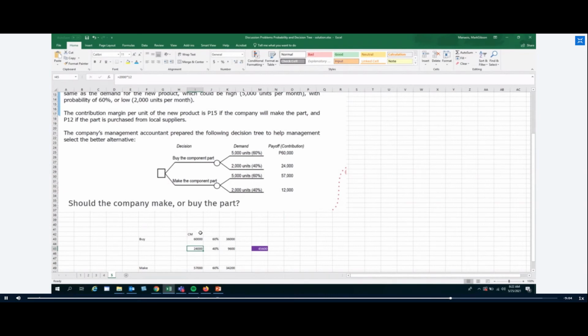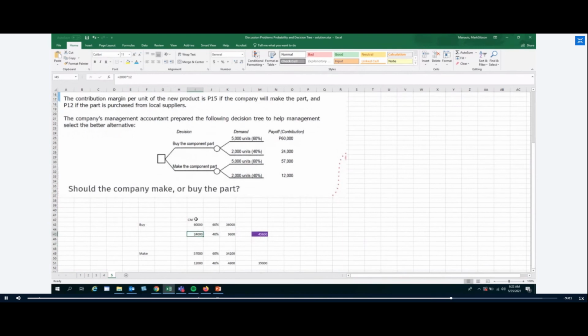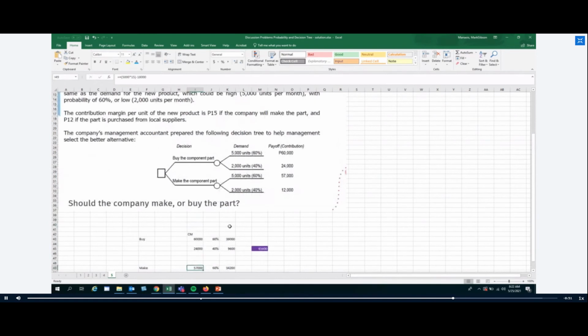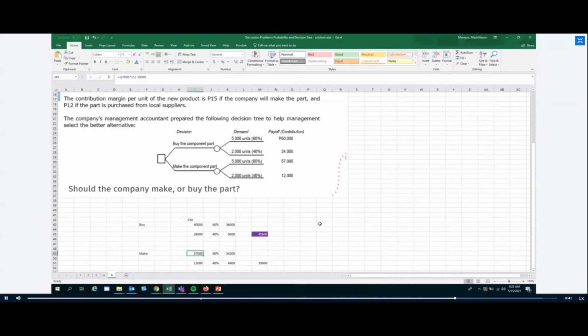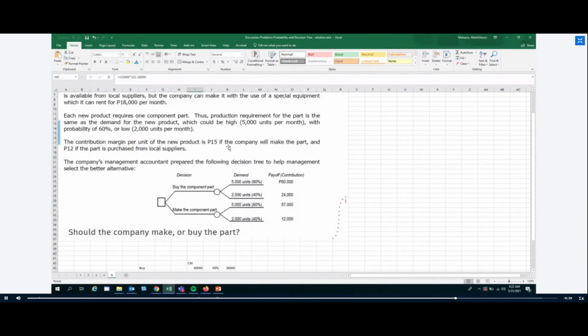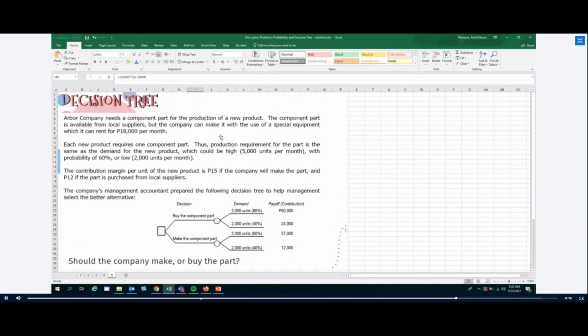Actually, class, this is your contribution margin. This is your variable cost. Okay. And then here, that's 5,000 multiplied by 15. Sorry, this is contribution margin per unit. So 15 minus 18,000. Saan galing yung 18,000? Sabi kasi, if you're going to make the component, we can rent special equipment for 18,000 per month.